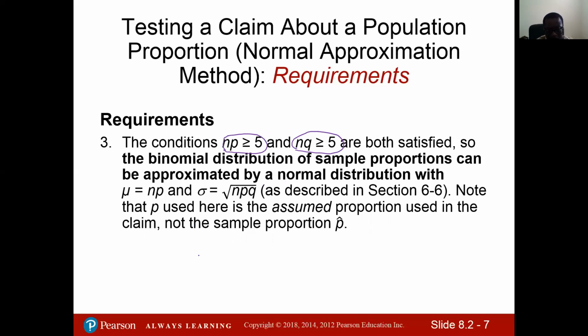So in other words, your p in this case is not your sample proportion. This is a p under the H0. So if your H0 is stated as p equals 0.5, then this is the p that we are dealing with. Then of course the q of that is 1 minus p, so in this example that is 0.5.